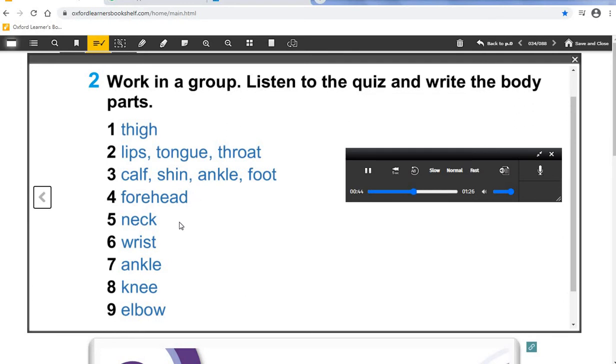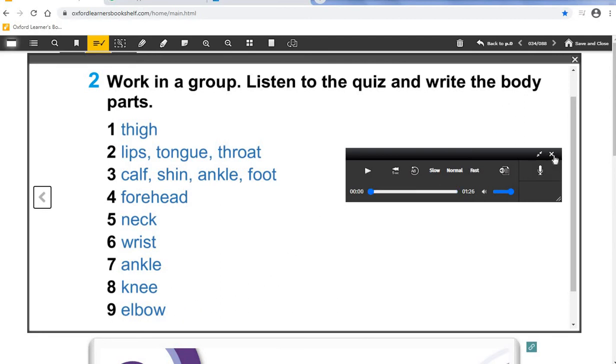What's between your chin and shoulder? 6. What connects your hand and arm? 7. What connects your leg and foot? 8. What connects your thigh and calf? 9. What connects your upper arm and lower arm?